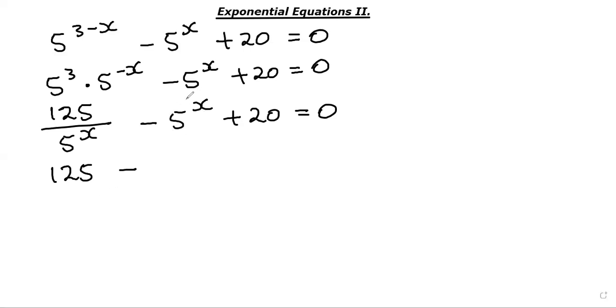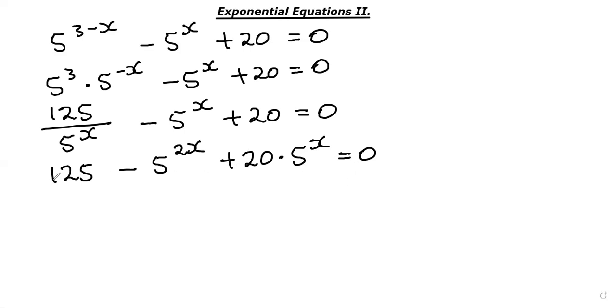Now, 5 to the x times 5 to the x, you get 5 to the 2x. And then you say 20 times 5 to the x, it's still 20 times 5 to the x. And everything is equal to 0.